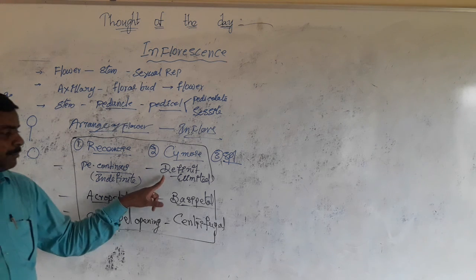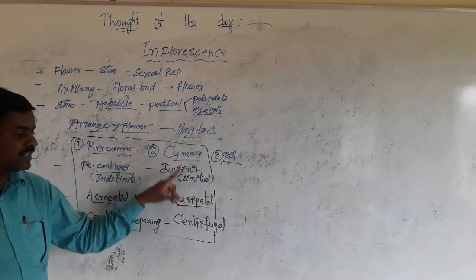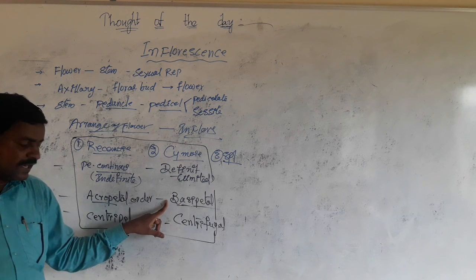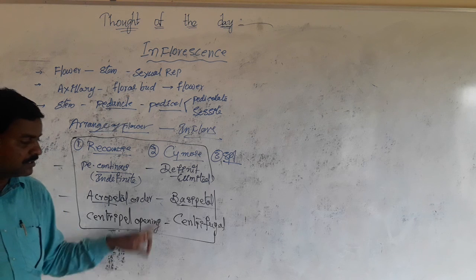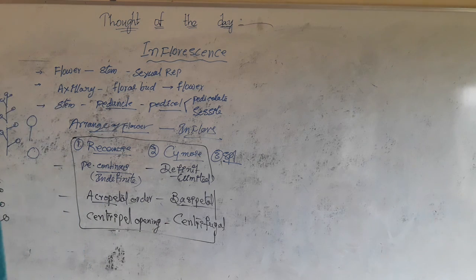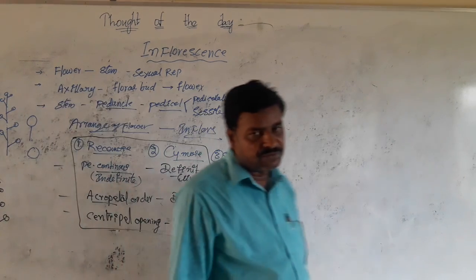At the same time, peduncle growth is limited in cymose, so they are called definite inflorescences, and flower arrangement is basipetal, and the flower opening is centrifugal, that is from center to the periphery, whereas centripetal is quite reverse, from the peripheral region to the center. These are the main features and differences of racemose and cymose inflorescences.